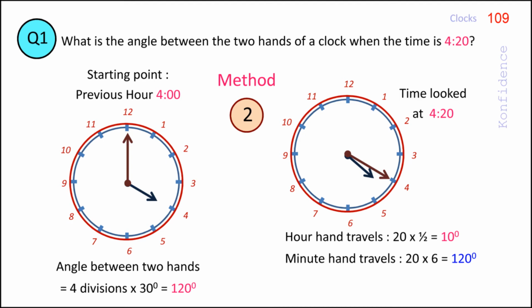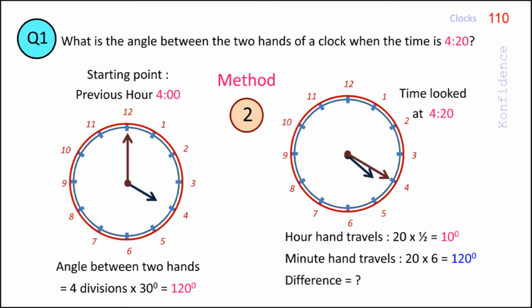Remember that the speed of the hour hand is 0.5 degrees per minute and that of the minute hand is 6 degrees per minute. At 4 o'clock, the hour hand was ahead by 120 degrees. It travelled a further 10 degrees in the 20 minutes past 4 o'clock. The minute hand travelled 120 degrees in those 20 minutes.